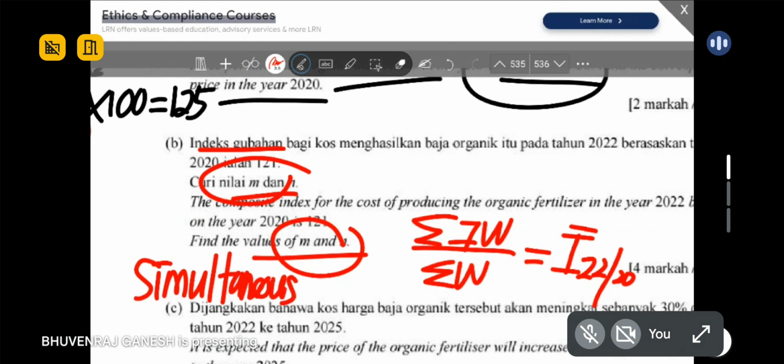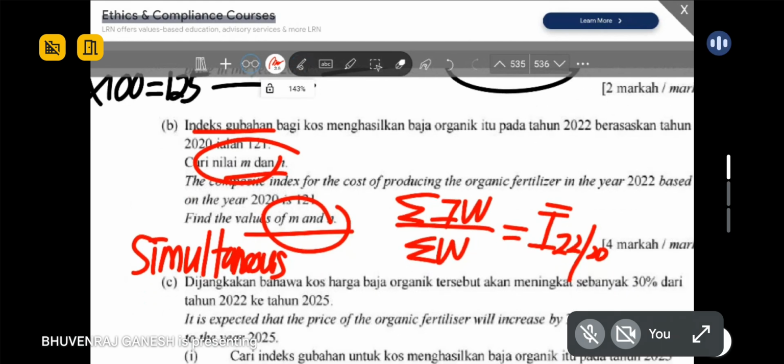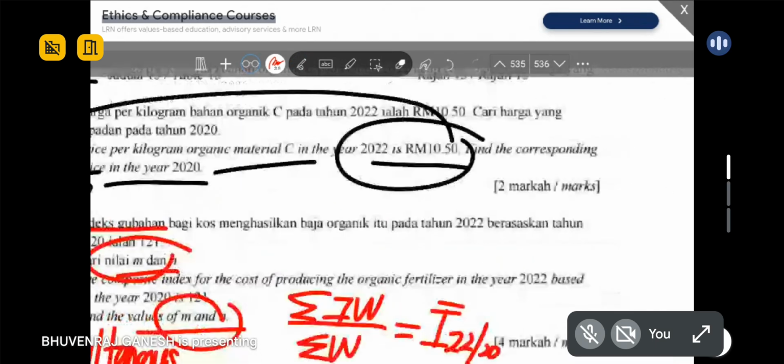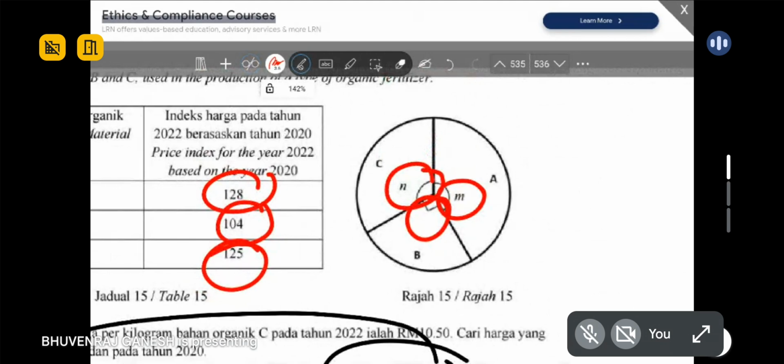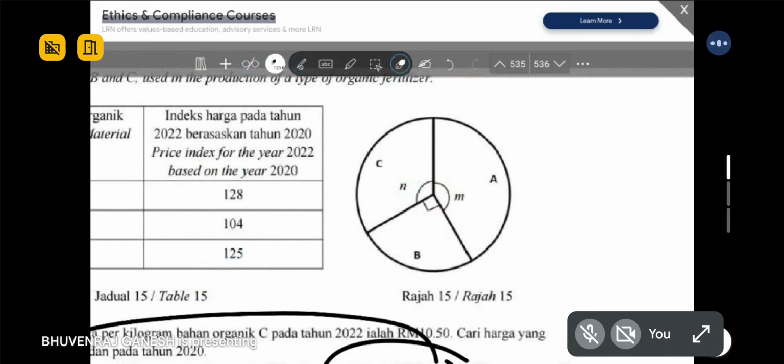Okay, persamaan serentak means you must have two equations. Just now one equation. So what other equation you guys can think involving M and N? Anyone? There is one more equation. It's not related to index one. It's common sense. Pengetahuan am saja. So can anyone tell me?